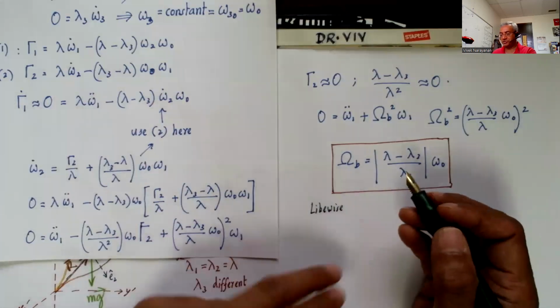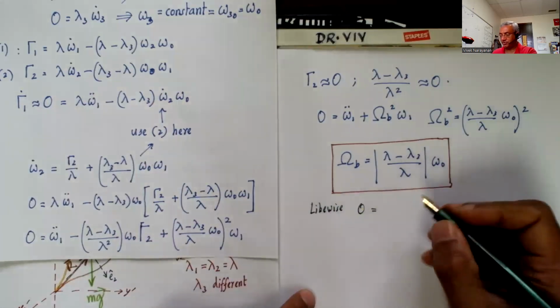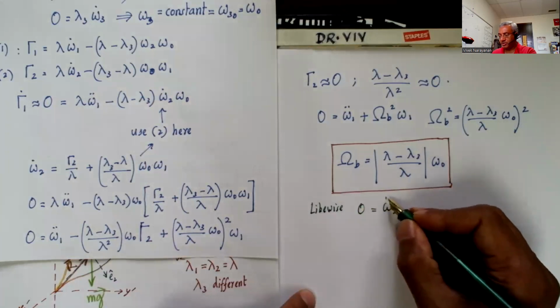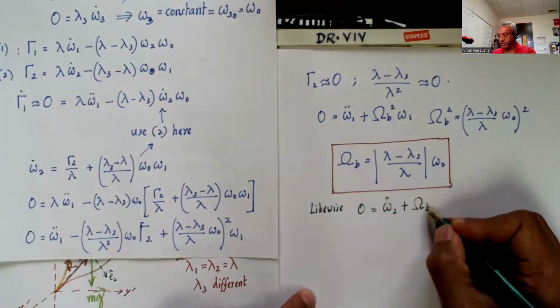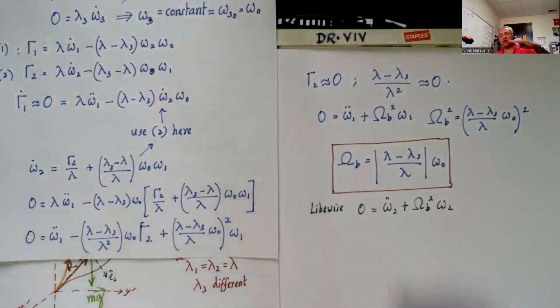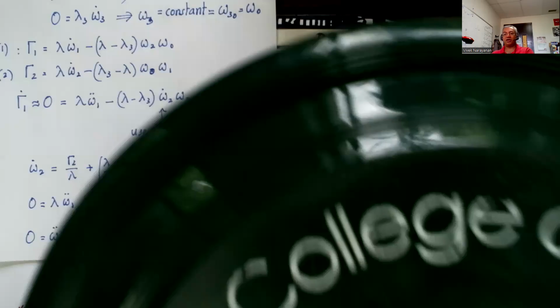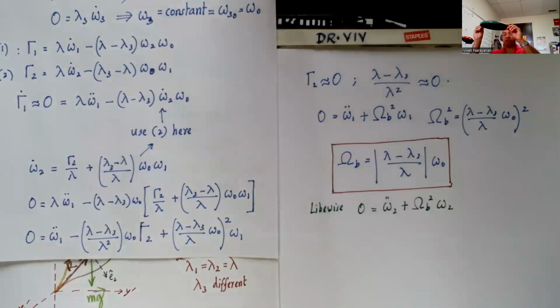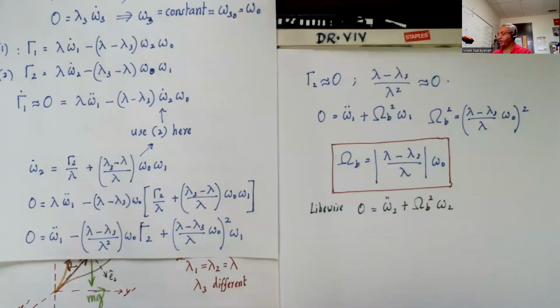You're going to get the same equation, with the only difference being that you get omega 2 double dot plus omega b squared omega 2. So what this shows is that omega 1 and omega 2 simply oscillate simple harmonically. If you think about this frisbee, it's going to oscillate back and forth with an angular frequency of omega b, both along this axis and along that axis. So that is what these equations show.